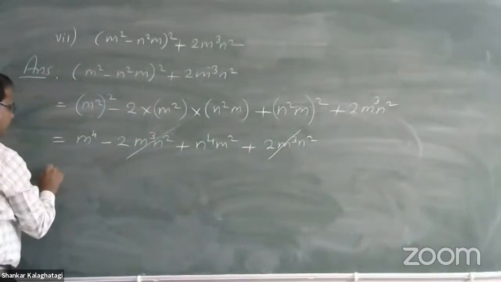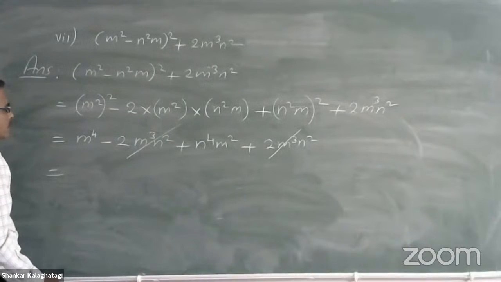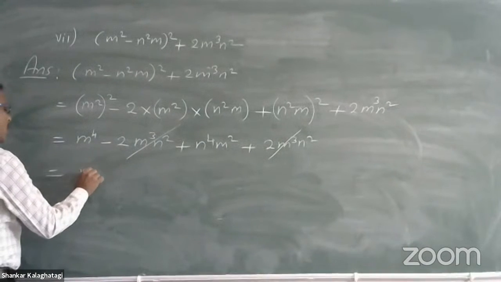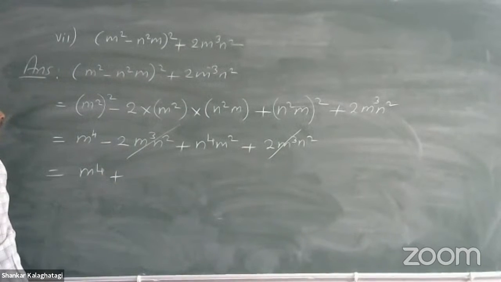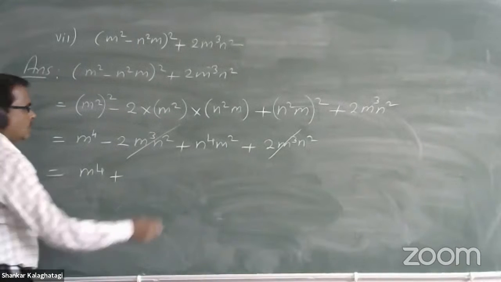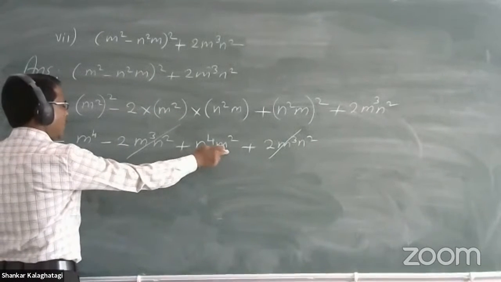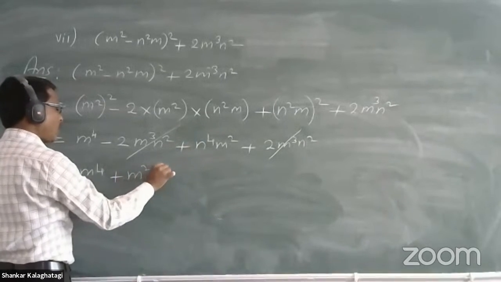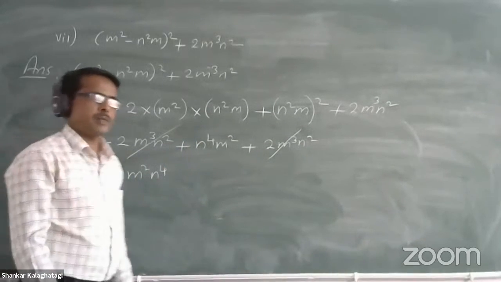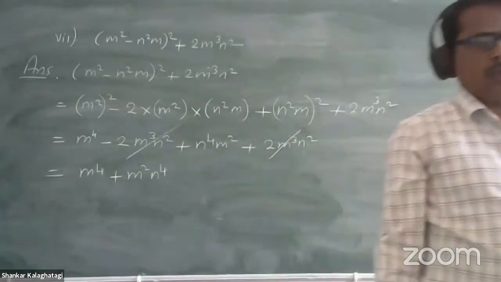Next, m raised to 4 plus n raised to 4 m², or you write m²n raised to 4. Okay, it's correct.